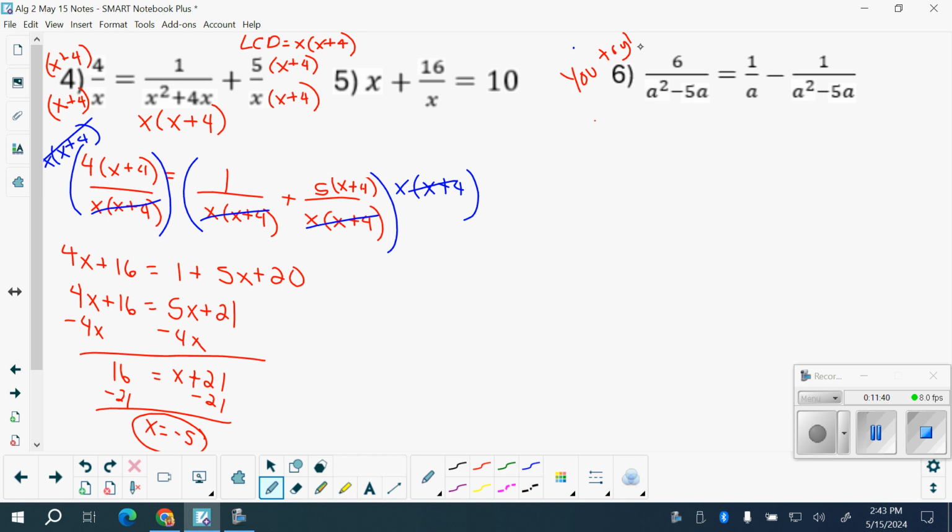So that middle one you have to multiply by a minus 5 on the top.